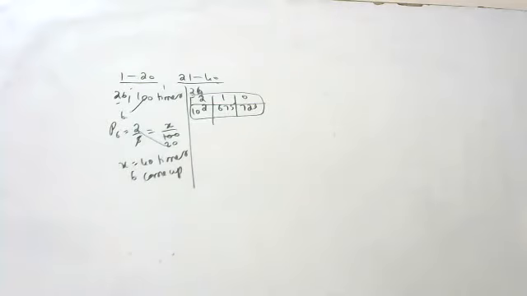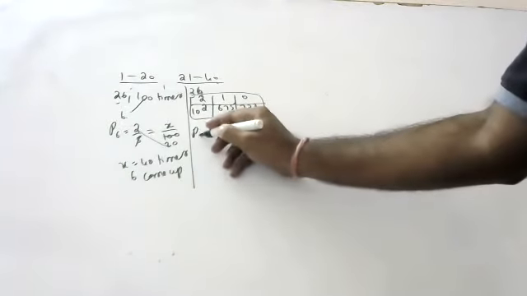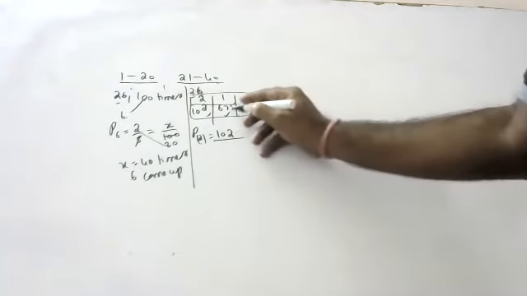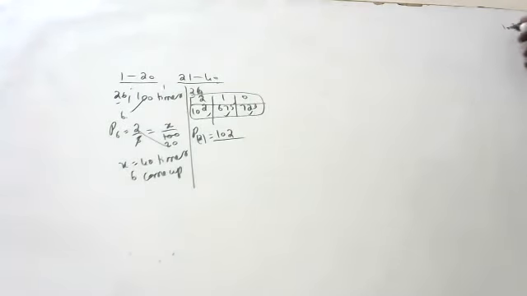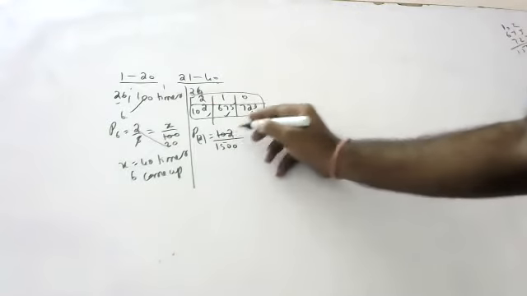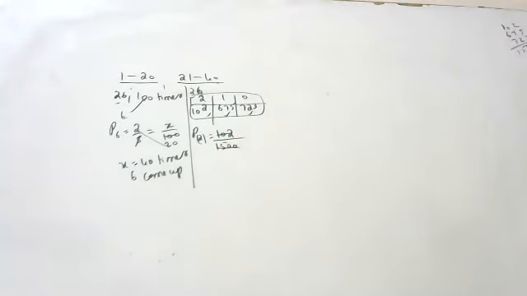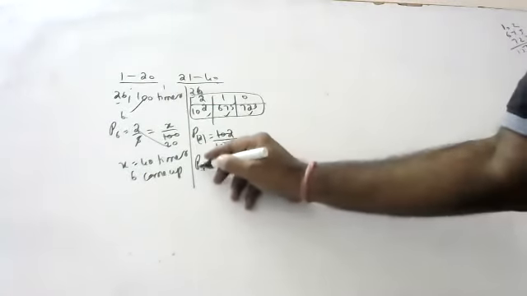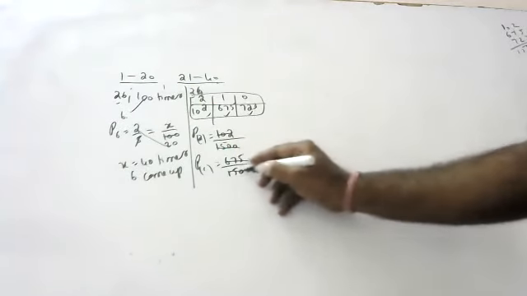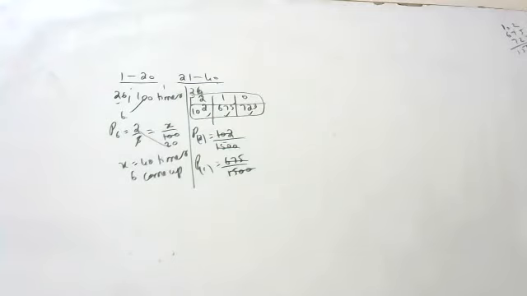What is the probability of having 2 girls? 102 by total how much? 102 plus 675 plus 723, that is 1500 families. 102 out of 1500. Please simplify, children. Without simplification you should not leave it. What is the probability of 1 girl? 675 by 1500. This also you should simplify. Okay, this is the question, children.